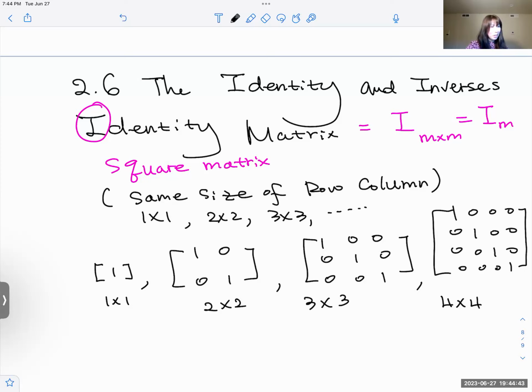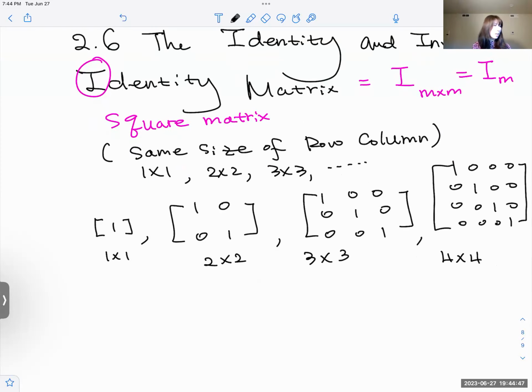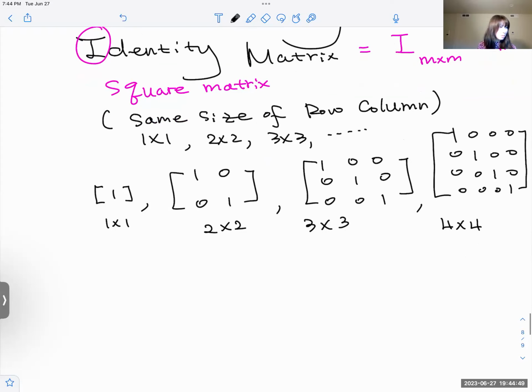Now, another vocabulary I never heard: the Kronecker symbol.